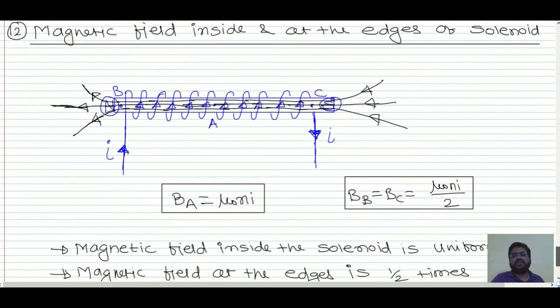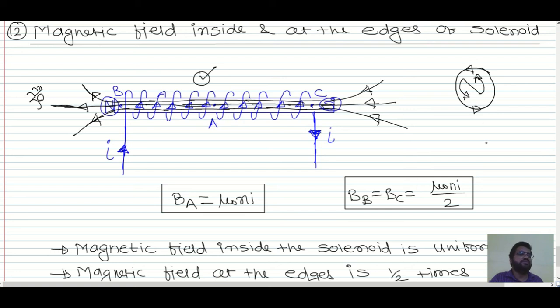Okay, so next one we have magnetic field inside and at the edges of solenoid. So this is the solenoid which we have. So if you see from this side, we have anti-clockwise current, and for anti-clockwise we have the north pole, as you can see over here.